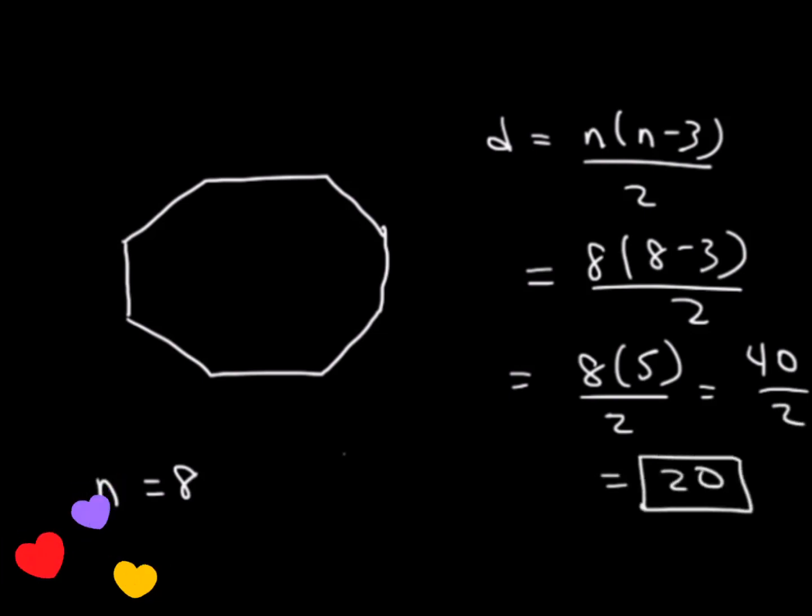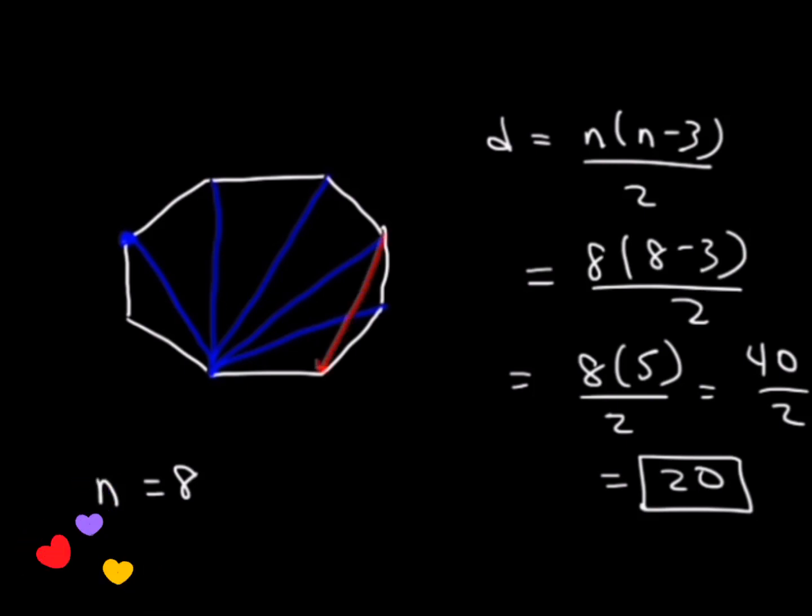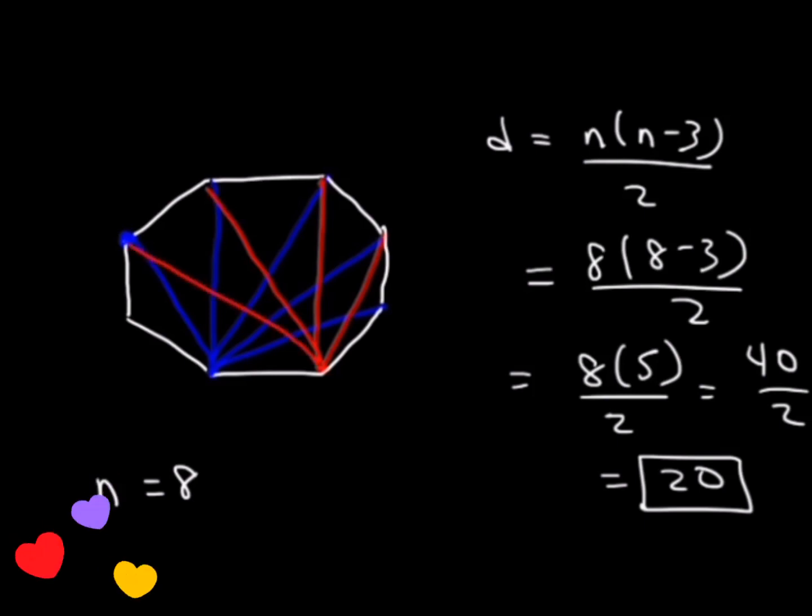So let's see if we can get this answer. So we will start in this point. So this is 1, 2, 3, 4, and 5. Now starting this one, this would be 6, 7, 8, 9, and 10.